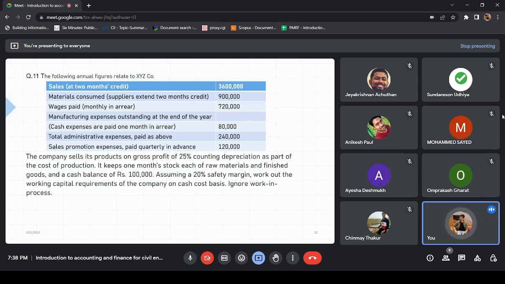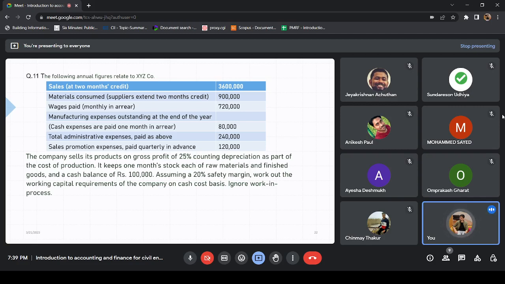That means that if you're selling the goods today, you will receive the payments after 2 months. Material consumed, the supplier has also given you a 2 month credit for 900,000. Wages paid monthly in arrears, simple as that. Similarly, manufacturing expenses remaining at the end of year, 1 month arrear for 80,000. Total administrative expenses 240,000 and sales promotion 120,000, but they are paid quarterly in advance. So that means you have to take 30,000 into account.